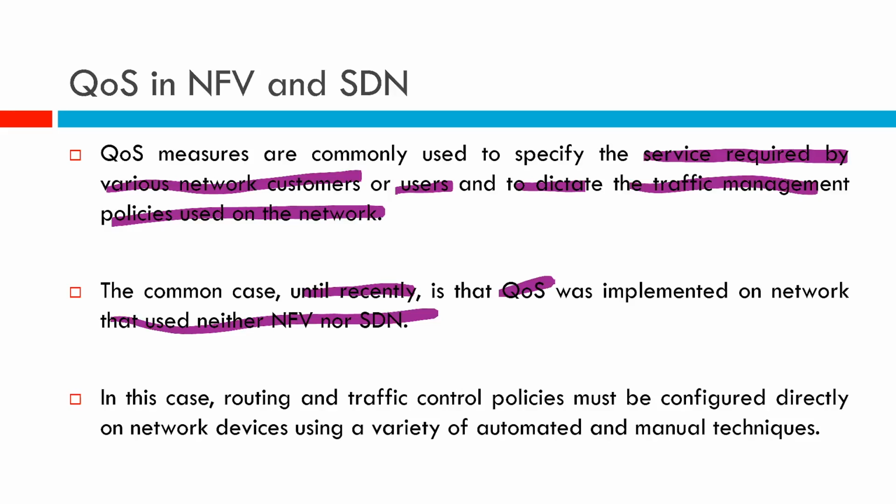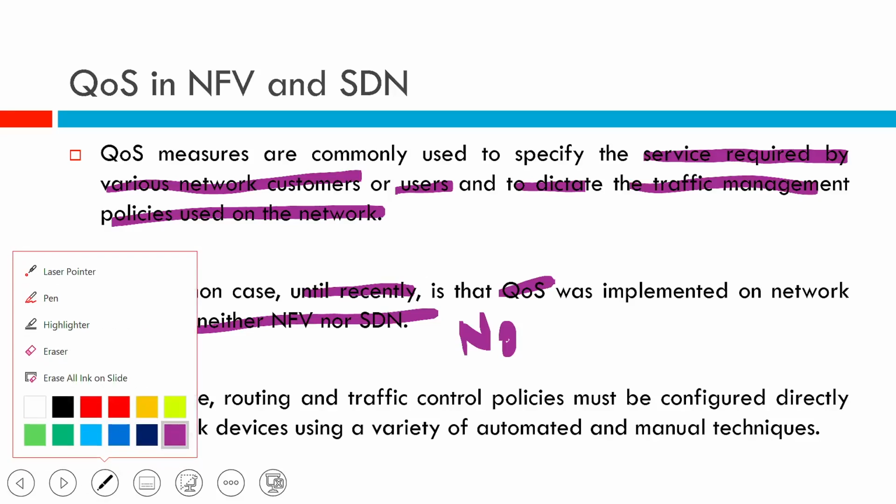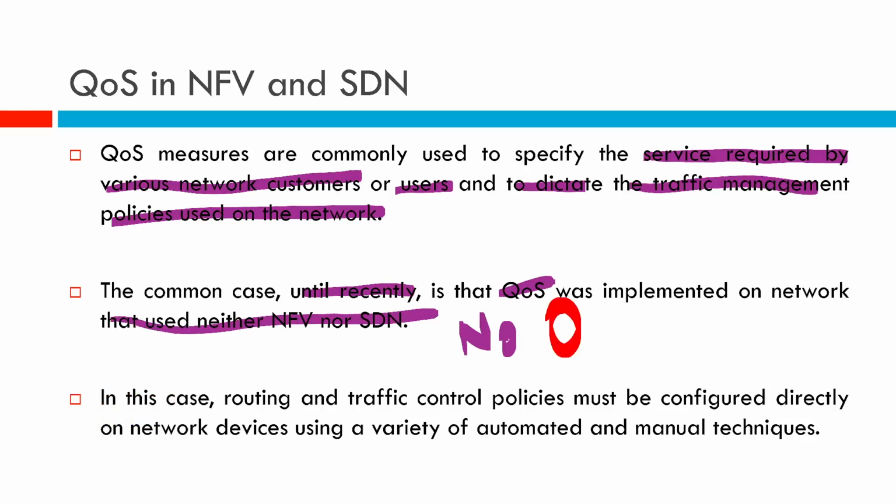So the common case until recently is that QoS was implemented on a network that used neither NFV nor SDN. In simple words, you can say no QoS, no quality of service, in NFV and SDN.